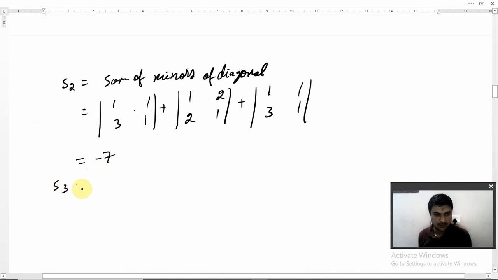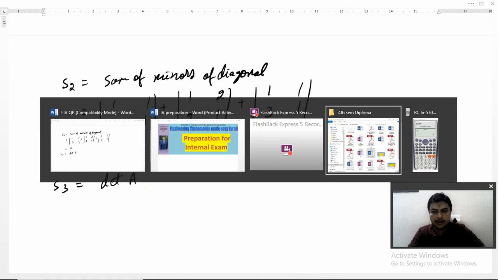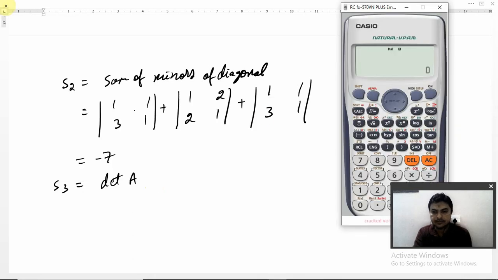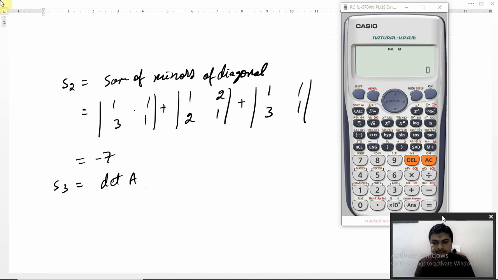So next we have S3. S3 is nothing but the determinant of A. I think everybody has done the determinant. So I'll just show you the determinant in the simple calculator. Just go to the calculator and select setup mode, go to matrix 6 and 1. This is 3 cross 3, so I am going to take 3 cross 3 here.